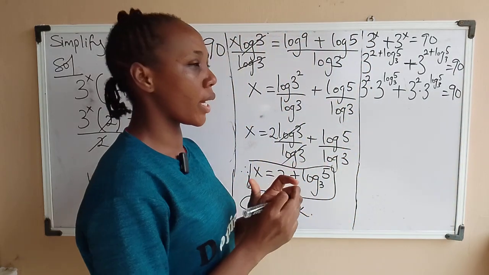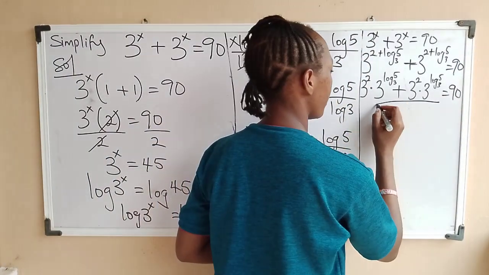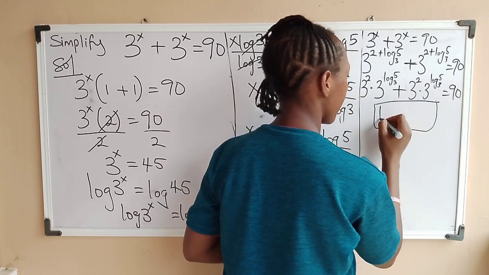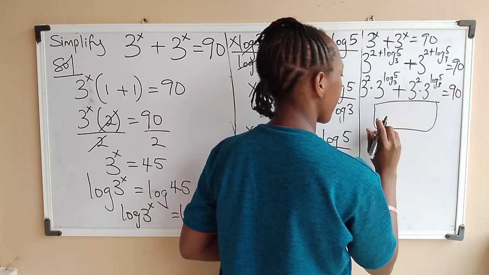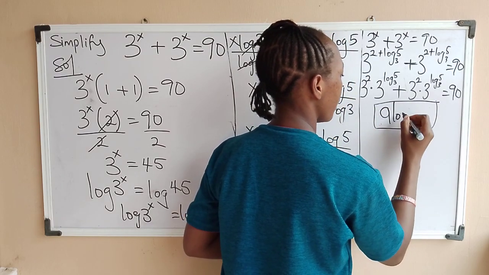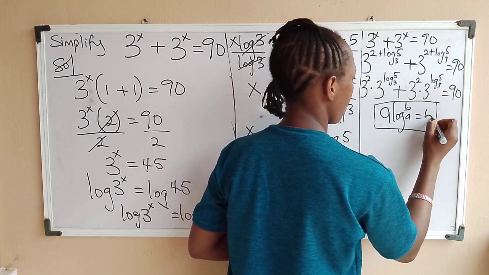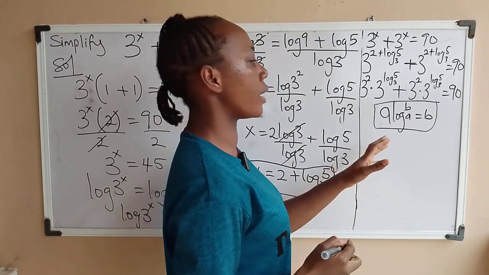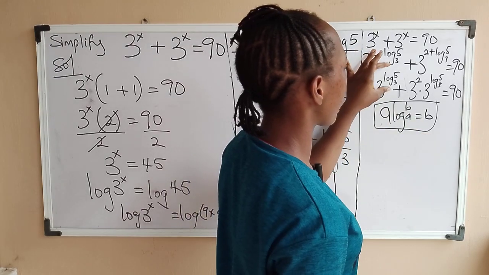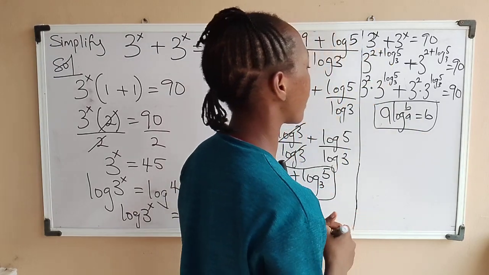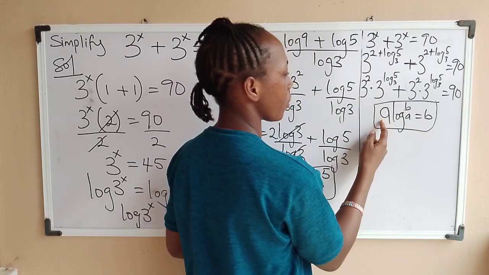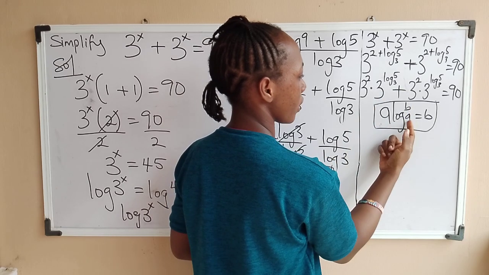So now we're going to apply a particular rule in log that says a to the power of log b to base a is equal to b. With this, we're going to apply it right here. So 3 is representing a. You can see it here.